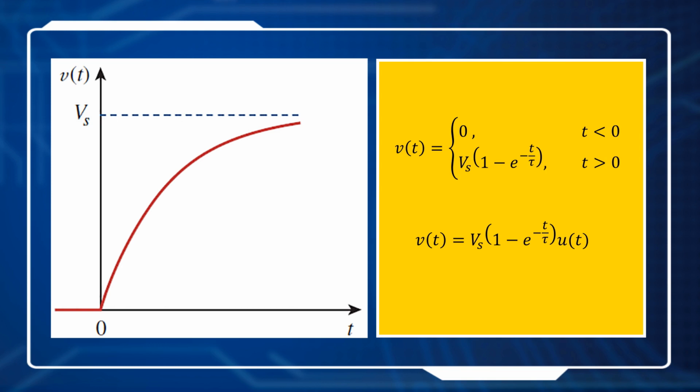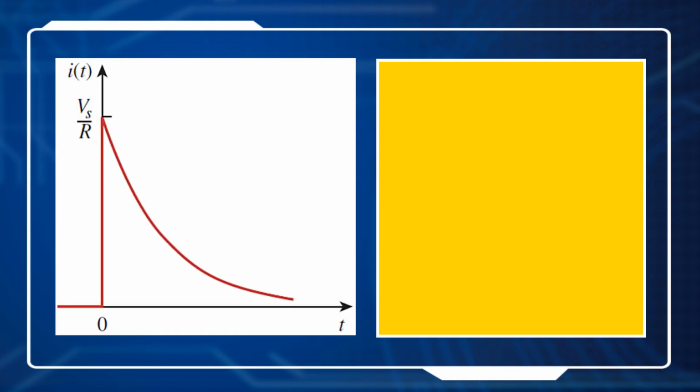And then we can use the relationship between the current and the voltage of a capacitor to find the current through the capacitor, i(t) equals C multiplied by dV over dt, which equals C over tau multiplied by Vs multiplied by e to the minus t over tau, where tau equals RC when t is greater than 0.